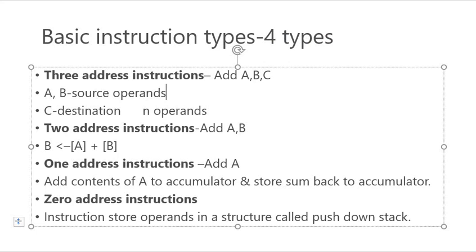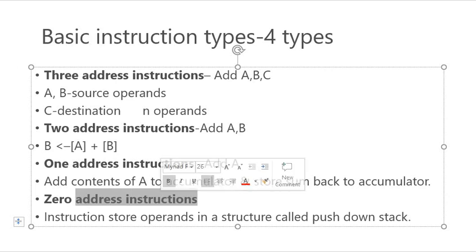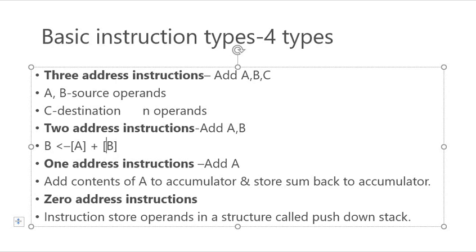First, the three address instructions, which have source operands and a destination operand. Next is the two address instruction, where we use only two parameters, A and B, adding A and B and storing the result in B. In the three address instruction, we add A and B and store the content in C. In the one address instruction, we add the content of A and store the sum back in A. And next is the zero address instruction, which is only used for stack push and pop operations.